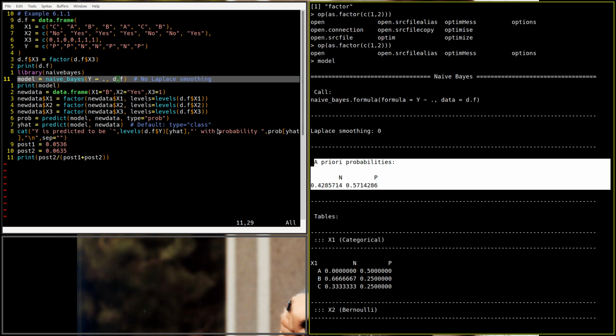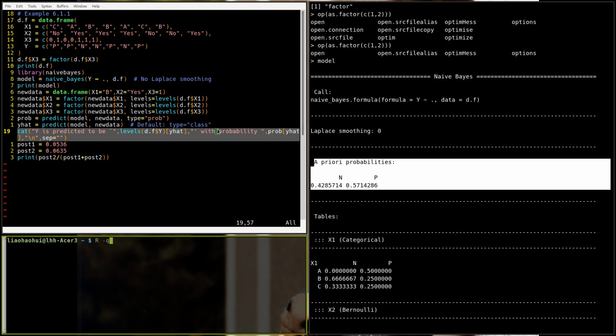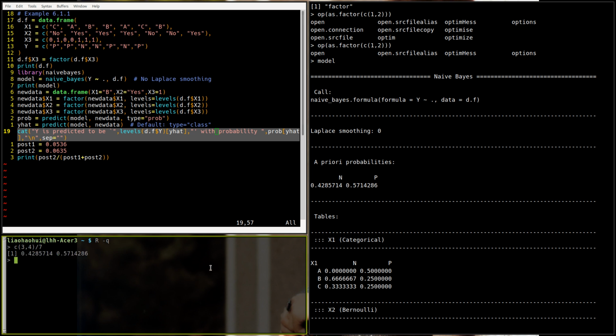Just to show you, I'll open up another thing here. So it's 3/7 and 4/7, right? We can see, yes, it's an exact match. So let's turn this off.